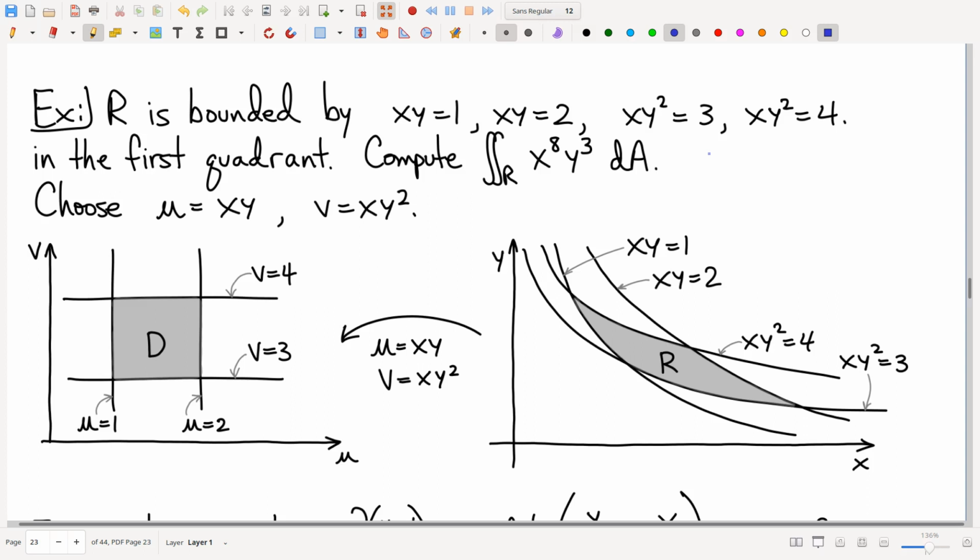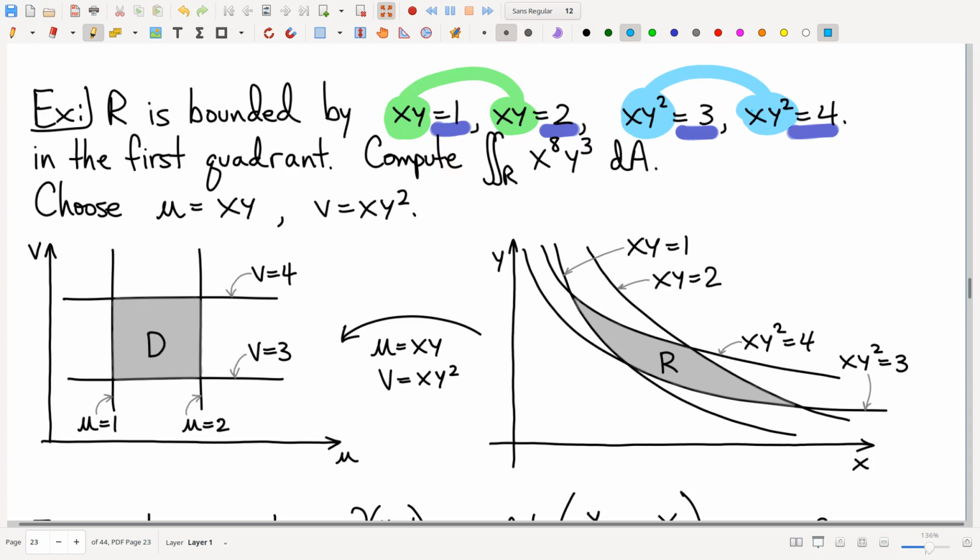Here's the trick. It only works if your curves are written as level sets. Notice that's the case here. Each one of these four curves is a level set, and that is critical to making this work. Next, notice that these four curves are level sets of two functions, pairs of level sets of just two functions.